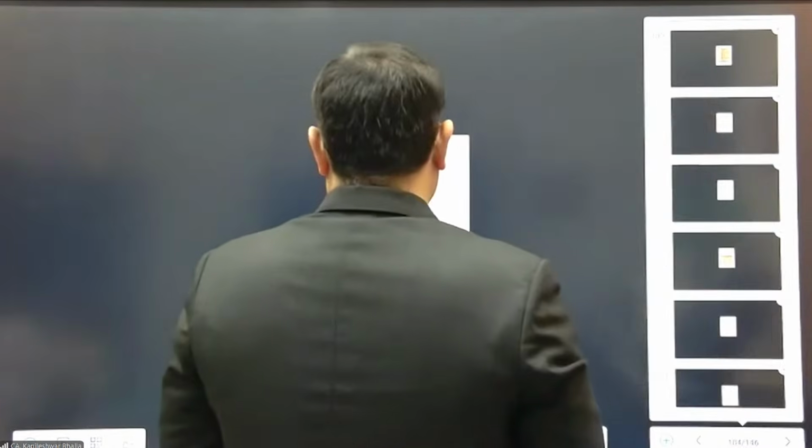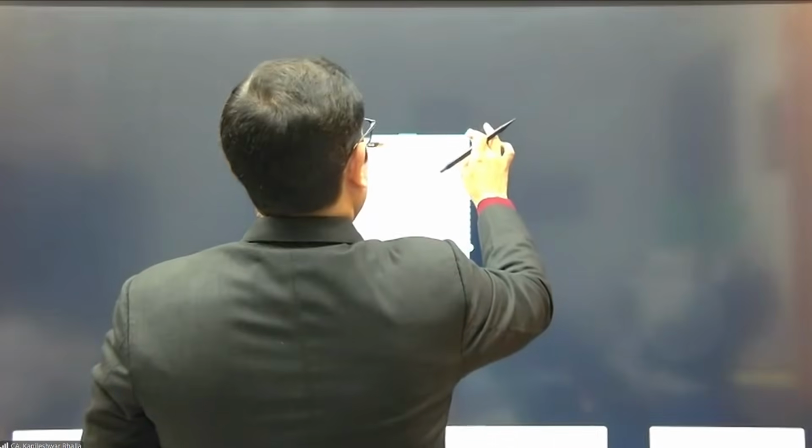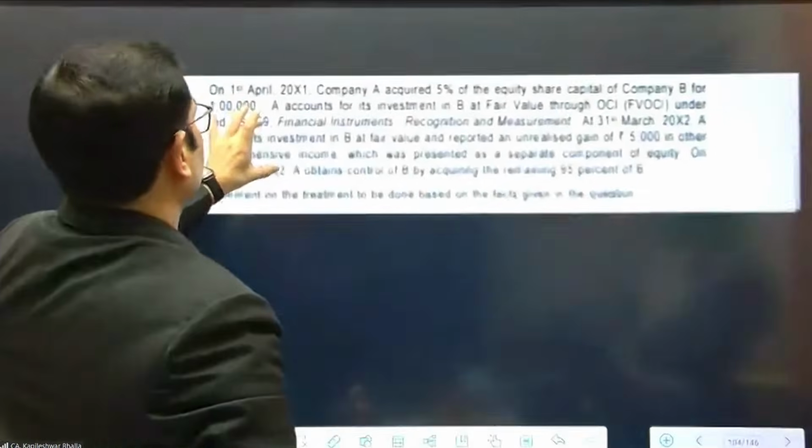Right, so this is a small question which is there. Let's come to this question with you. This is question number 5. Let me just zoom it across to you. This is question number 5 in the study material, which is given on the test your knowledge.